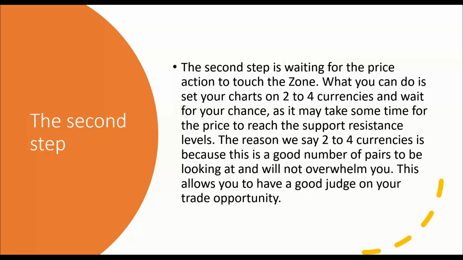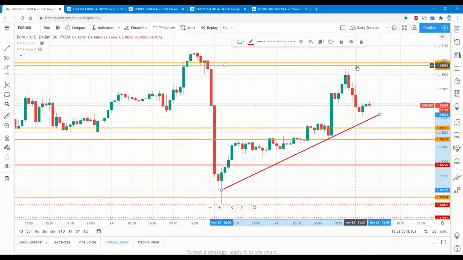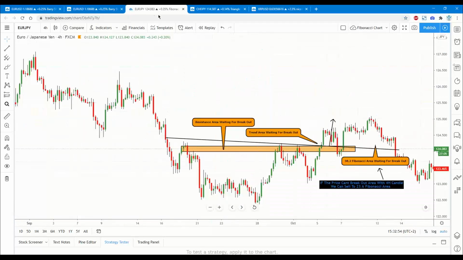No, you have many strategies in your toolbox, and when you see something happening, you pull out the strategy that fits that. You could look at 2, 3, 4, 5 currencies, and since you always have your support and resistance levels on your charts, until price action actually touches one of those levels, you don't have anything to do.